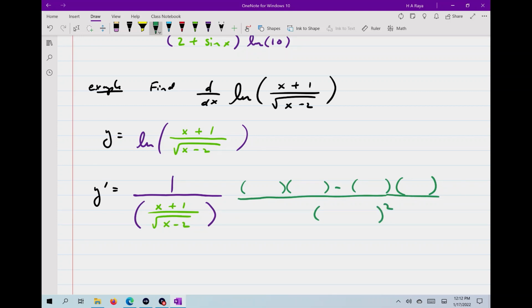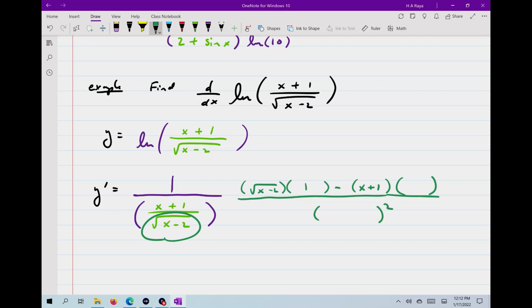And that's why this problem is kind of busy, because it requires all these elements. So in the quotient rule, I'll take the function on the bottom, my square root of x minus 2, times the derivative of the top. The derivative of the top is simply 1, minus the top, x plus 1, times the derivative of the bottom here.